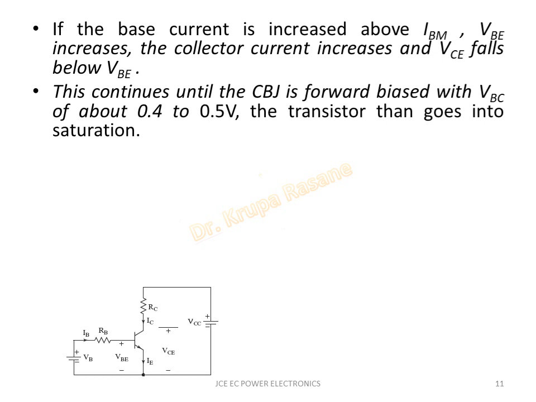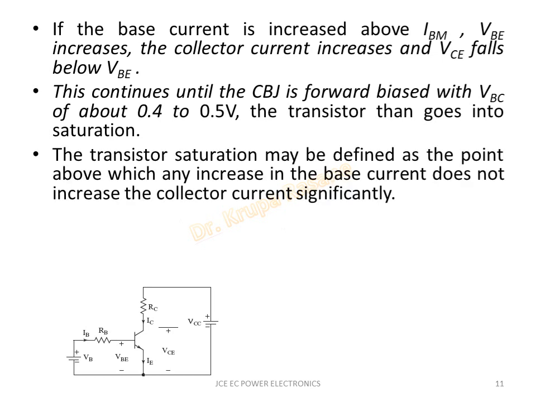If VCB becomes negative, the collector base junction is forward biased with VBC about 0.4 to 0.5, and the transistor will go into saturation. So in saturation, the base emitter junction is also forward biased and the collector base junction is also forward biased. So transistor saturation may be defined as a point above which any increase in the base current does not increase the collector current significantly.